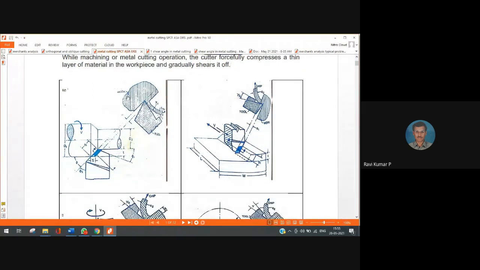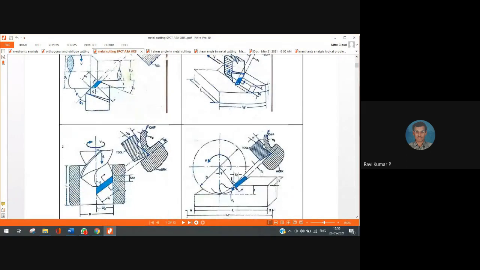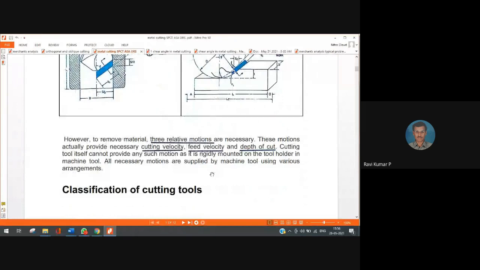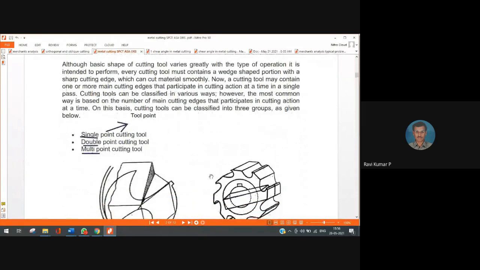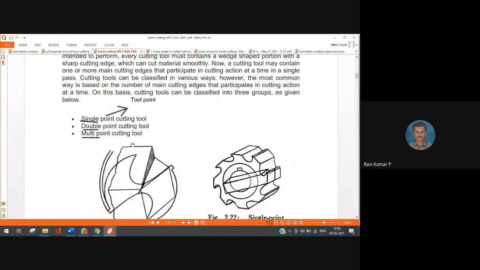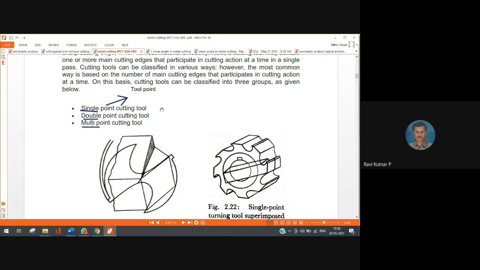You can observe this wedge, whether it is a turning process, shaping process, a drilling process, or a milling process, or whatever be the machining process, including grinding. The cutting tools may be single point, double point, or multi point cutting tools. Single point cutting tool: a turning tool and similar tools.